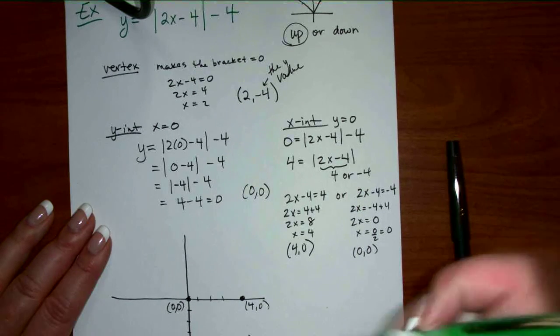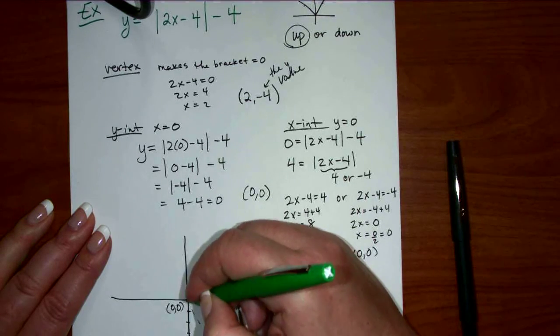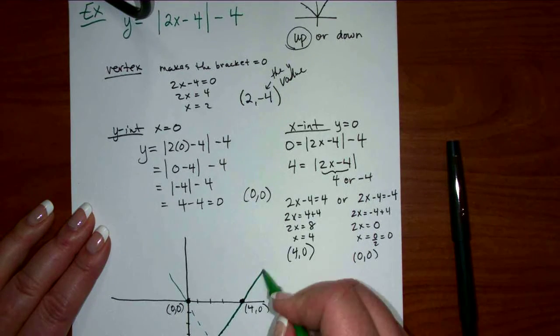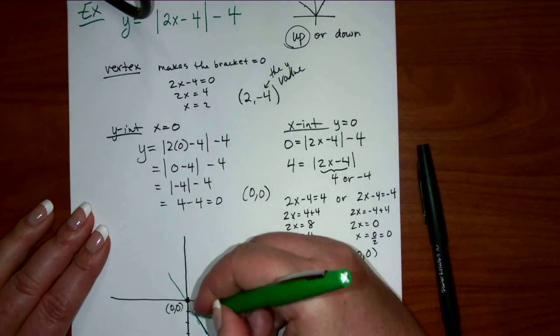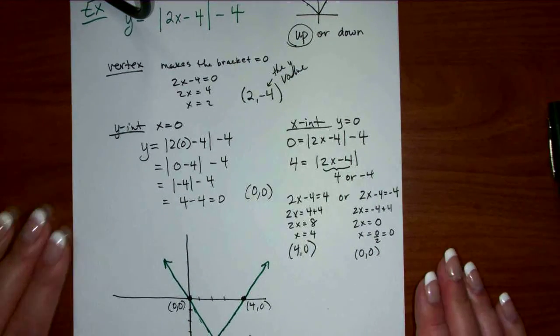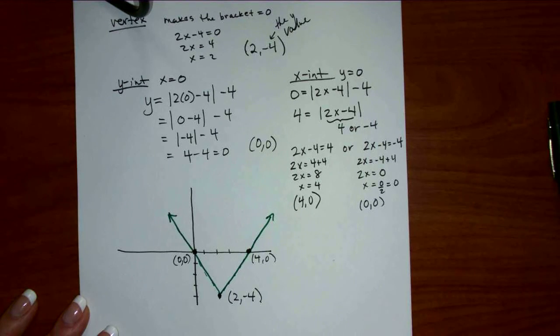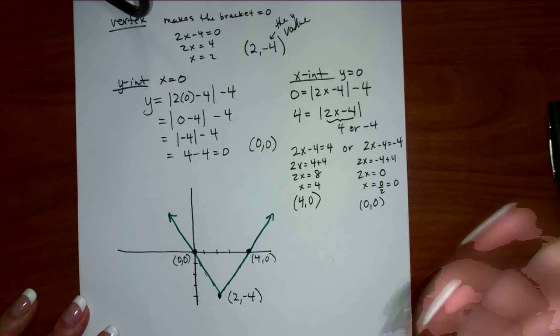And it's a V. There we go. So this is exactly like what the test would be. Just one of each question: graph, find the intercepts, that's it.